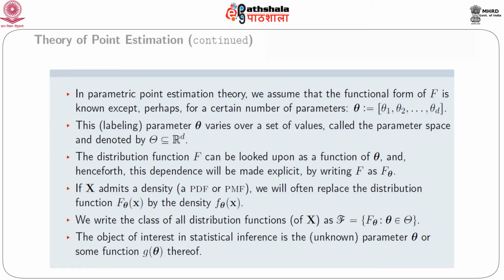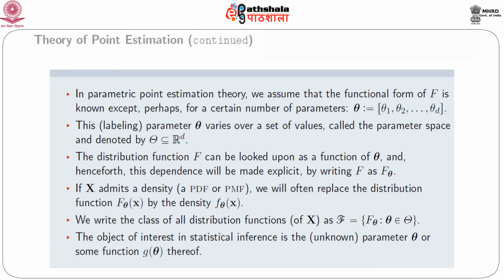The distribution function F can be looked upon as a function of the theta vector, and henceforth this dependence will be made explicit by writing F as F_theta, where theta is a vector. If the X vector admits a density, that is a PMF, probability mass function, or a PDF, probability density function, we will often replace the distribution function capital F by the density small f.